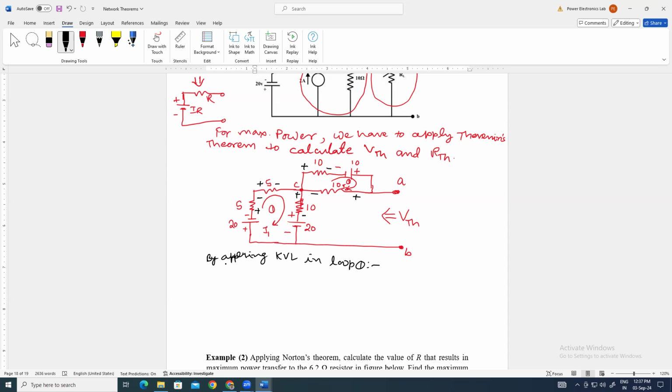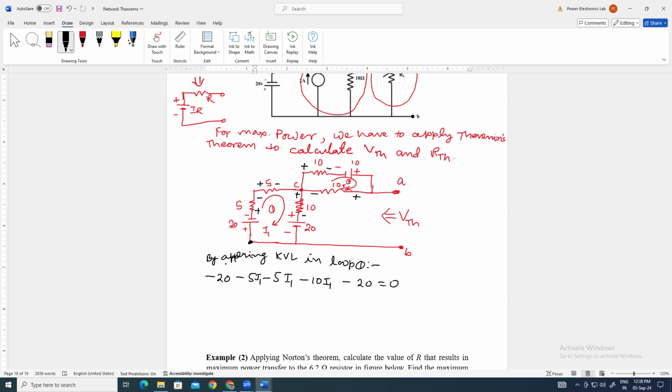Loop 1, यहाँ से start करते हैं, यहीं पे वापस आ जाएंगे। So plus minus is -20, then plus minus is -5i1, then plus minus is -5i1. Okay, and then this is plus minus -10i1, -20 is equal to 0.